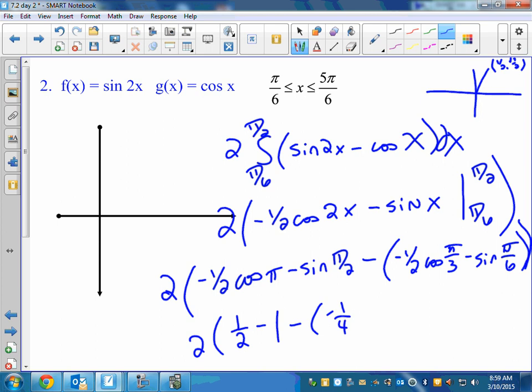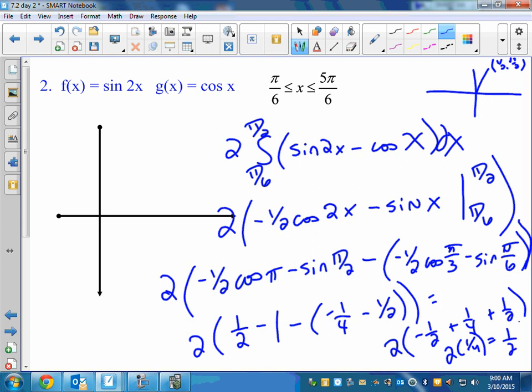And sine of pi/6 is also 1/2, right? Minus 1/2. Or distribute that negative, that just changes those both to positive. So that's negative 1/2 plus 1/4 plus 1/2, which is 2 times 1/4, which is 1/2. Did you get 1/2?